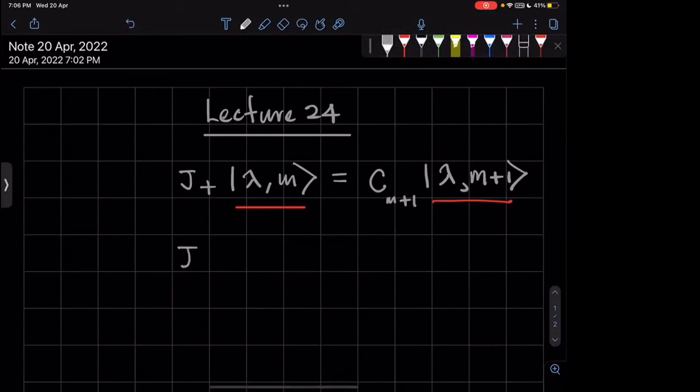Similarly, for J minus, when it acted on an eigenstate of J3, it decreased the eigenvalue of J3 by 1.